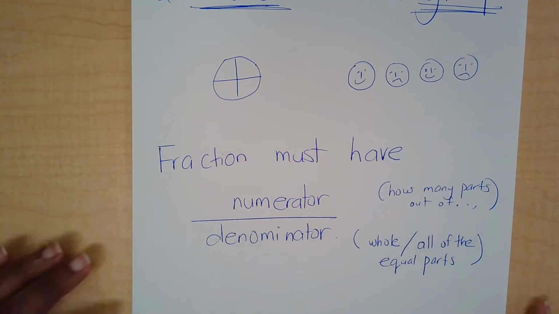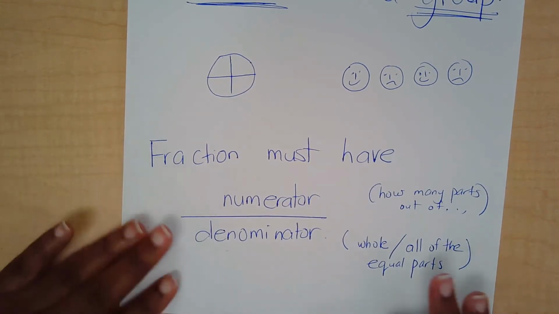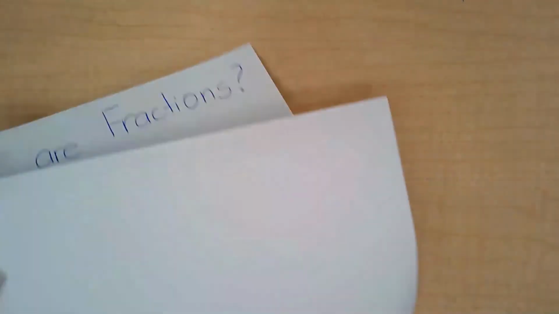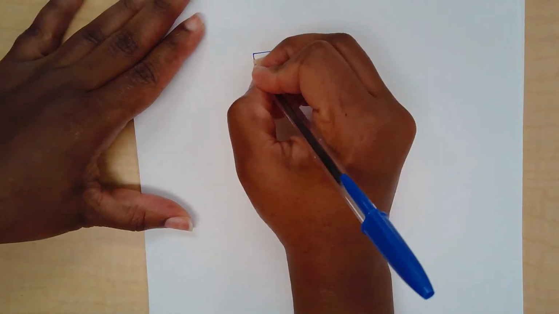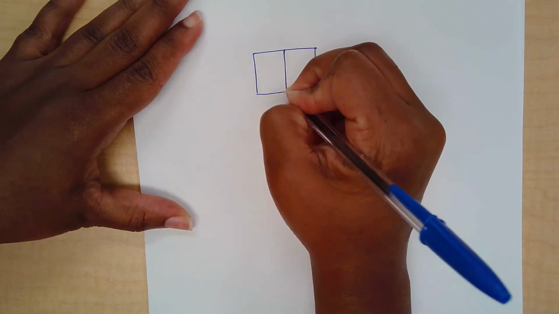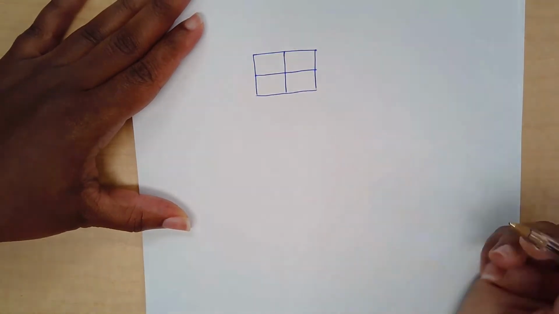So let's go into some examples of fractions. But as I said, a fraction is a part of a whole or a group. So here's one example. We've seen fractions looking like this. You have a brownie, a chocolate brownie. Yummy.